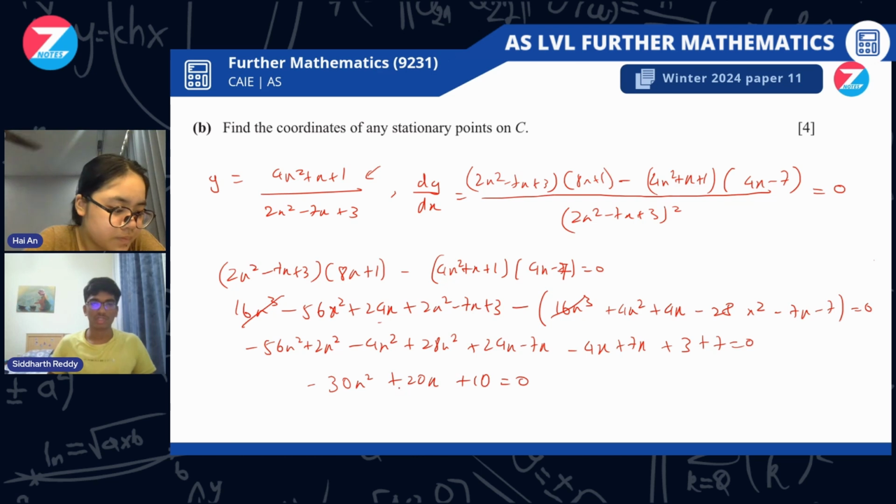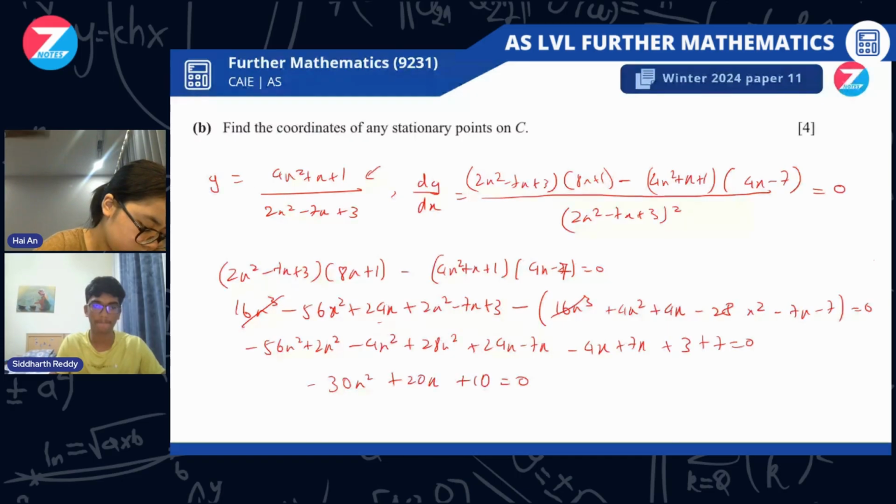So again, we can just put this in the calculator and solve it. So we get x is equal to 1 and x is equal to minus 1 by 3.